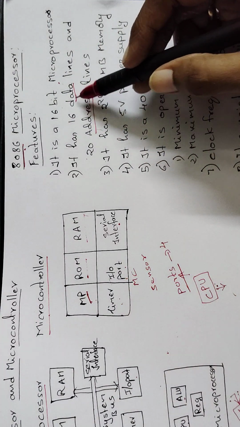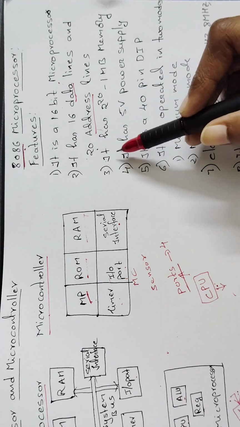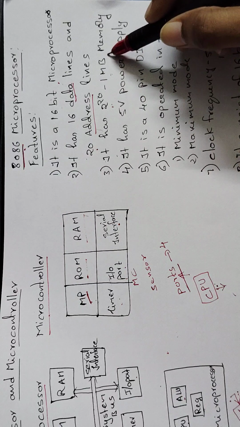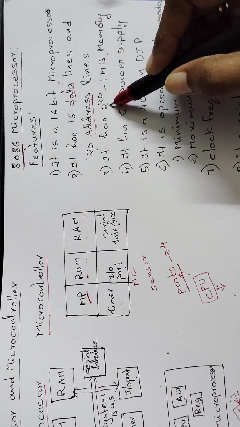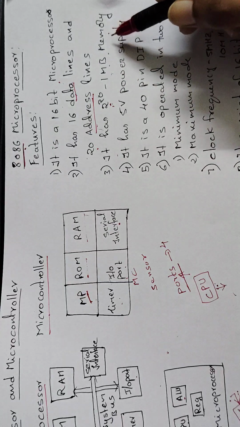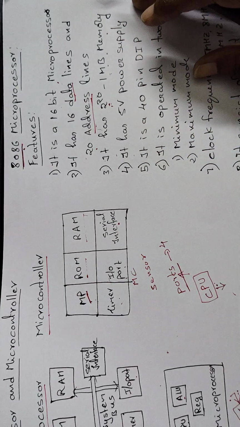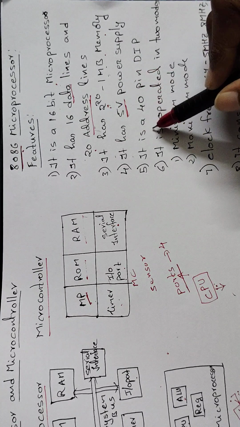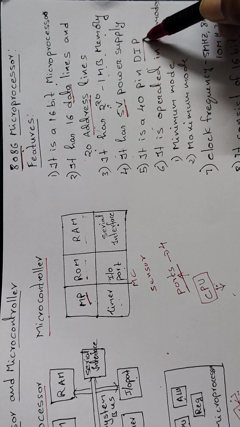It has 16 data lines and 20 address lines, so it can address 2 power 20 locations. If you find the memory based on the address locations, 2 power 20 is equal to 1 MB of memory. It has a power supply of 5 volts and is available in a dual inline package, DIP.